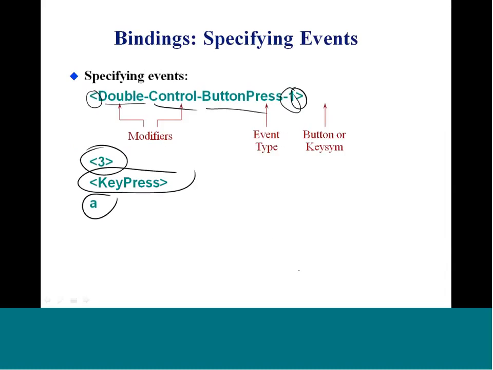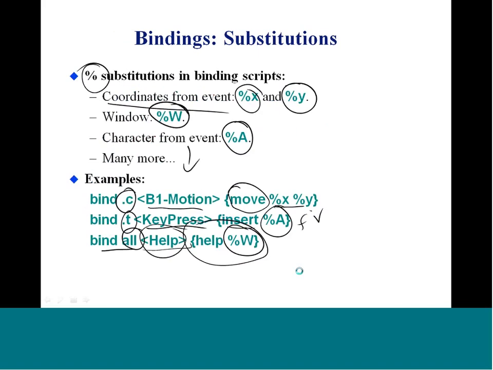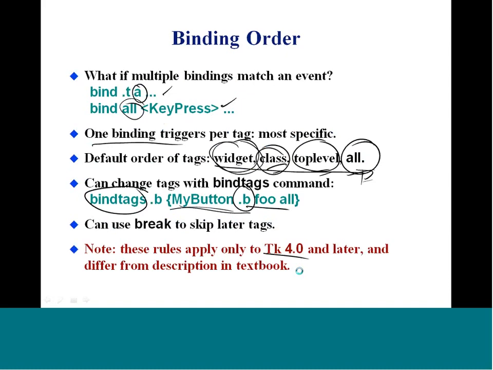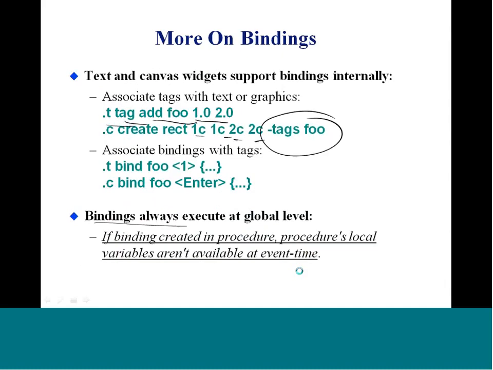And then we went into what kind of specific events there are, and we also understood how to do substitutions within the bindings, and what the order of the bindings is, because an event can actually trigger multiple bindings. Now which binding gets the priority or preference, that's the key thing.